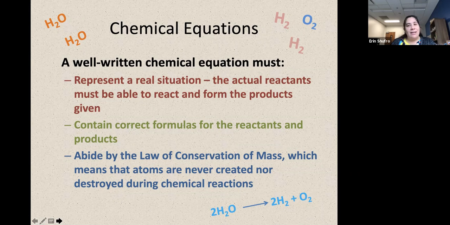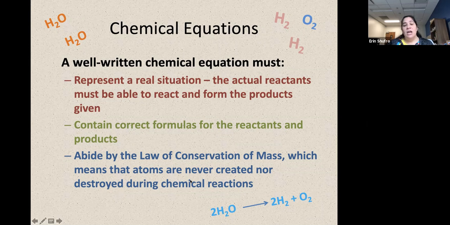You cannot form LiCl2 or LiCl4. That does not exist, right? That's an ionic compound. Lithium always forms a +1. Chlorine always forms a -1. So when you pair those two things together, they always form LiCl, right? One lithium for one chlorine. So you have to have correct formulas, right? You can't mess with the formula.